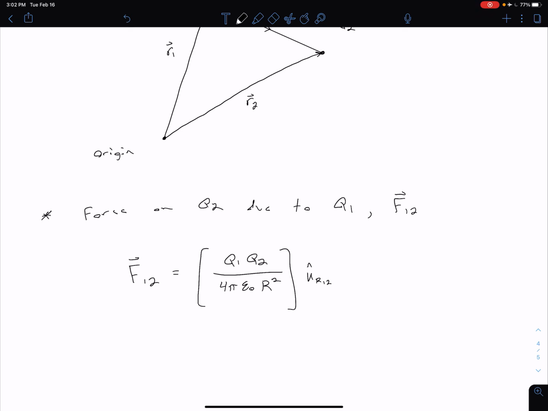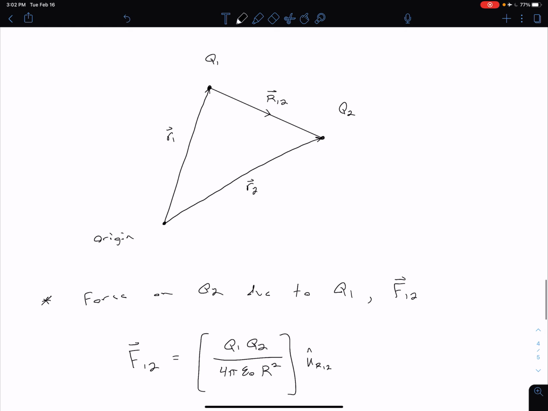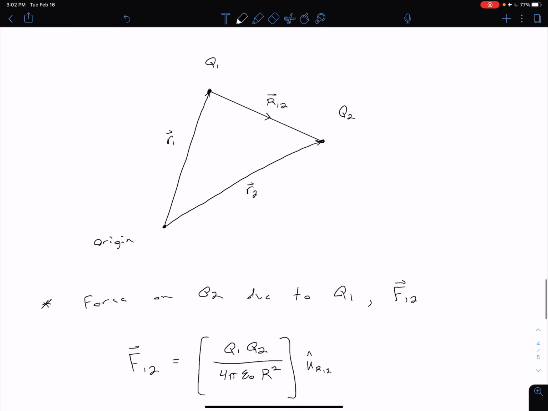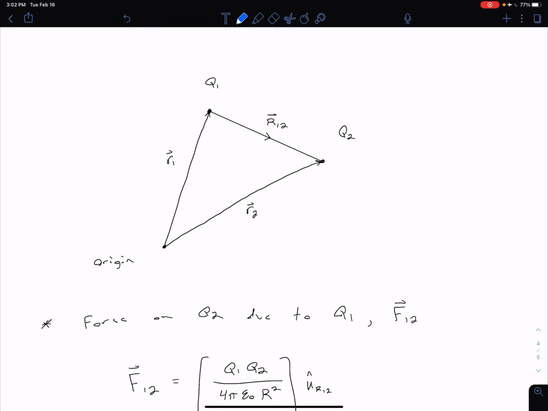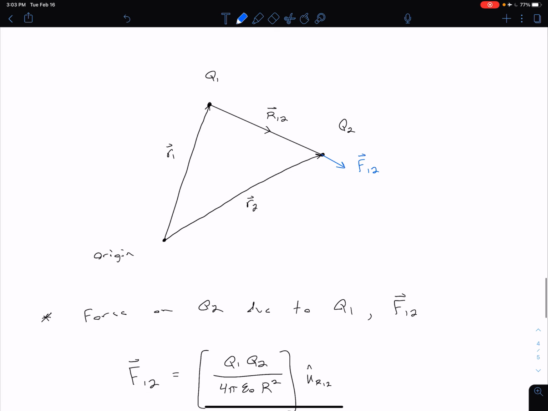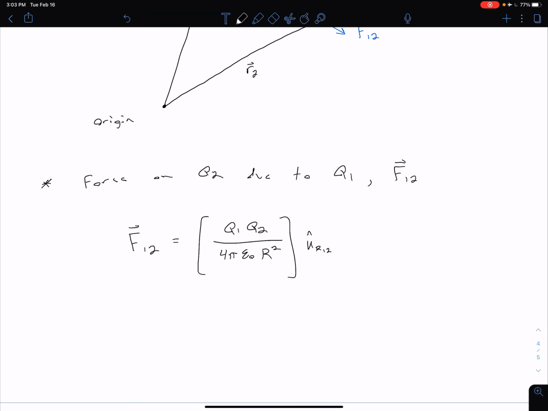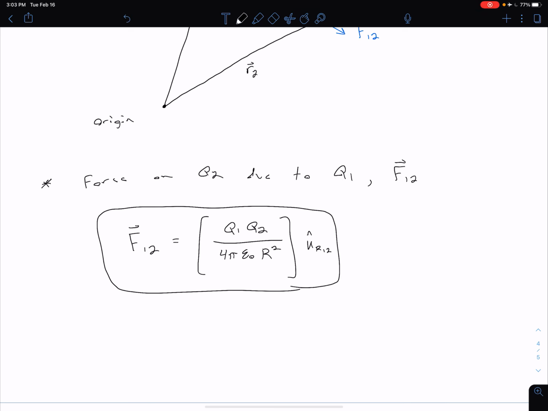So I have a unit vector in that direction of r12 between the 2 points. And so what that's telling me is that my force vector is going to be something like this. So this would be force 1, 2. Let's box that equation in, so that's going to be a useful one.